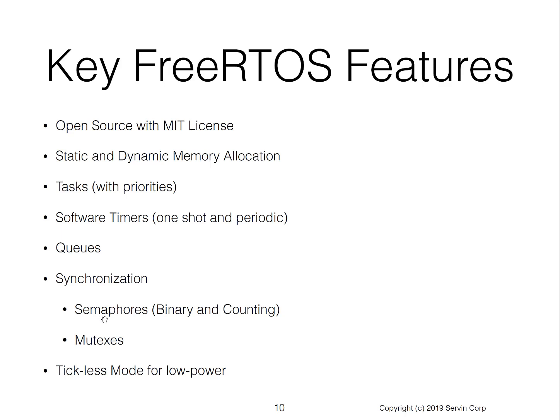We can use a semaphore, both a binary semaphore, which is basically a 1 or a 0, and also a counting semaphore that keeps a count of how many times you've incremented the semaphore, and a mutex to provide mutual exclusion. For all of this list of features, we're going to have a set of functions we can call for each one of these, and that will allow us to perform the various features here.